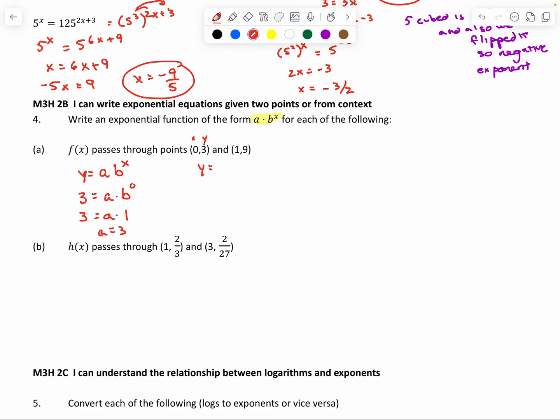Rewrite it. And then plug in the other x, y. Okay, and then don't forget, I've done all the work, but that's the answer.